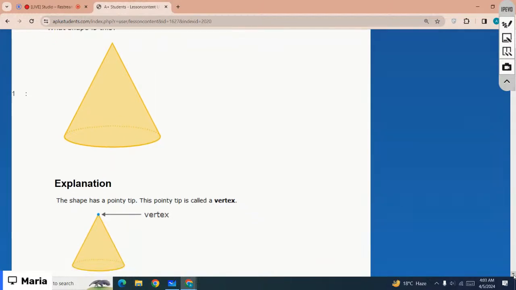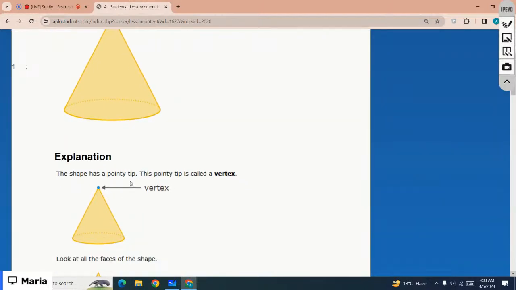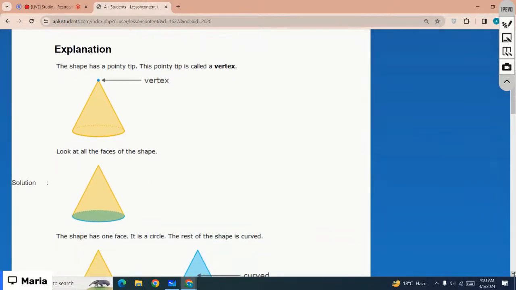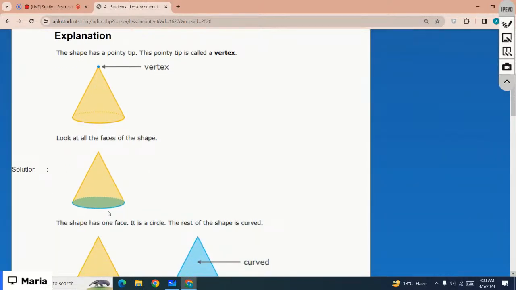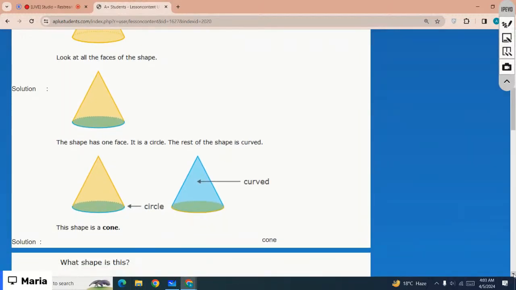The correct option is cone. The shape has a pointy tip. The tip is called the vertex. And then you have the circular face. The shape has one face, it is a circle. The rest of the shape is a curved shape. So the shape is a cone.